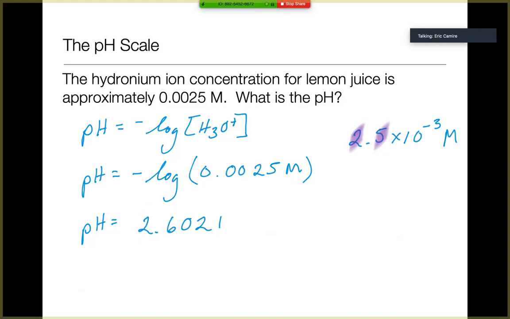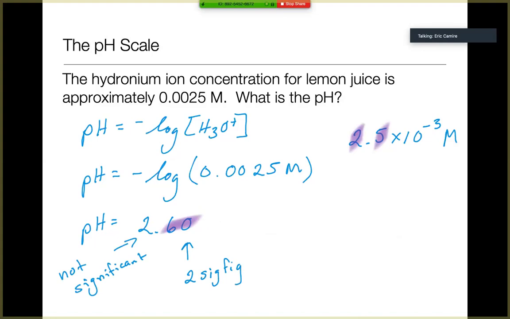However, it actually is 2.60. It looks like we gained significant figures, but we actually didn't. These two are significant. I'll explain in 2 seconds. These are significant, this is not significant, right?